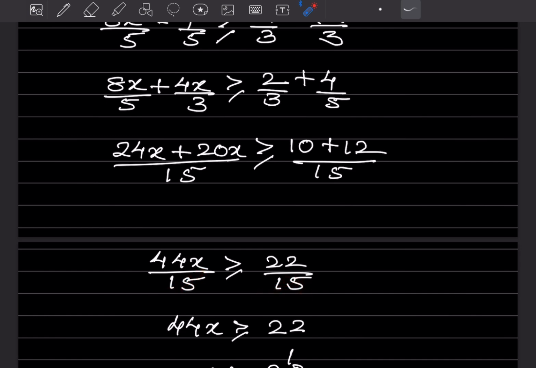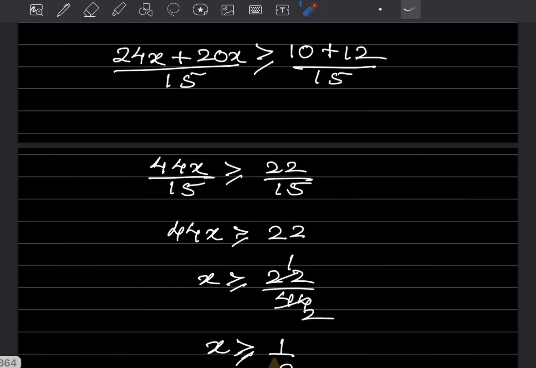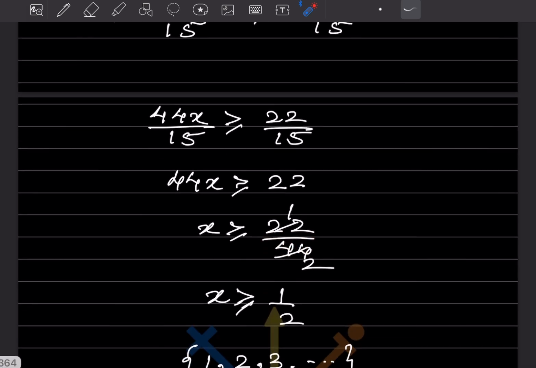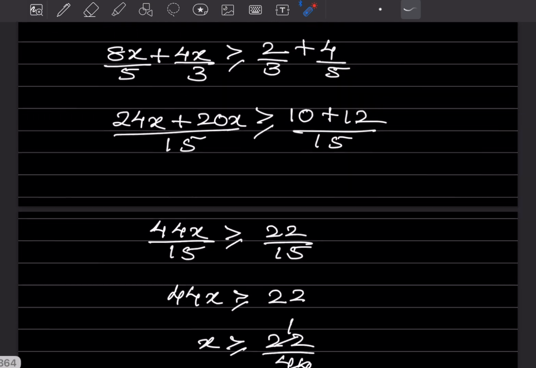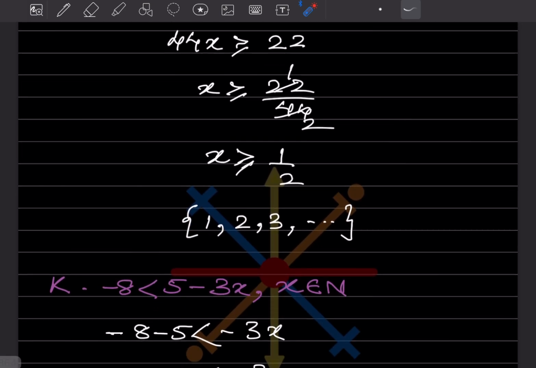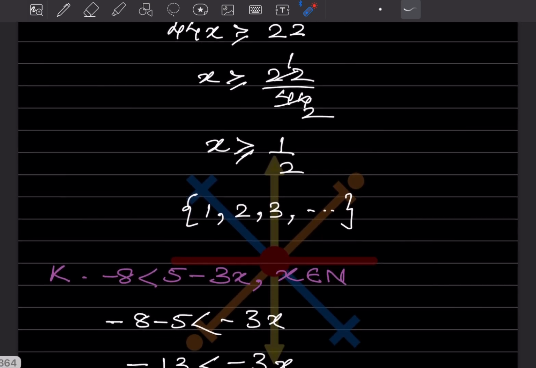So now this and this will get cancelled out. So that will be 44x is greater than or equal to 22. So your x, this is multiplication, so 44 will get divided. So that is going to be 1 by 2. So now these are the integers here. What we have to do here?